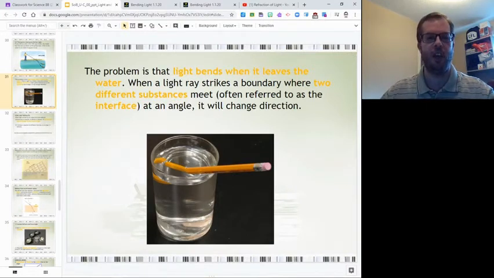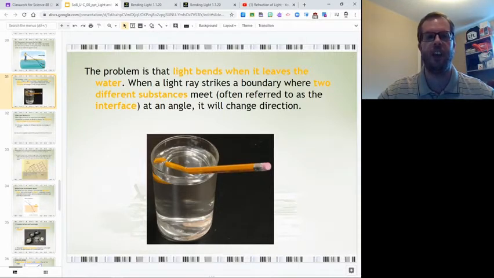Okay, so I think the big idea here is you need to know that as light transmits through one substance to another at an angle, and we'll talk about what that looks like, that light will bend, and there will be some reflection, but there will also be refraction.